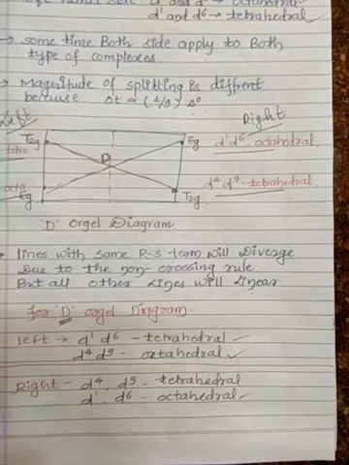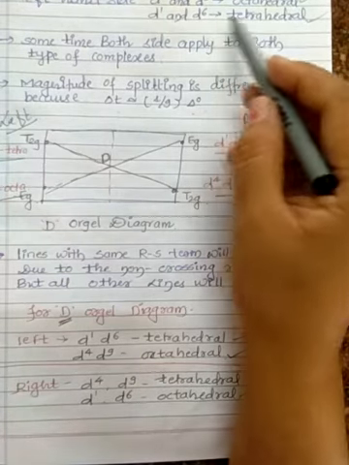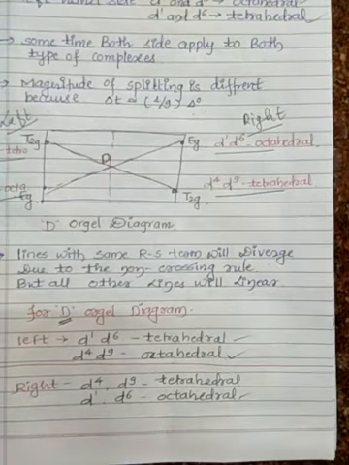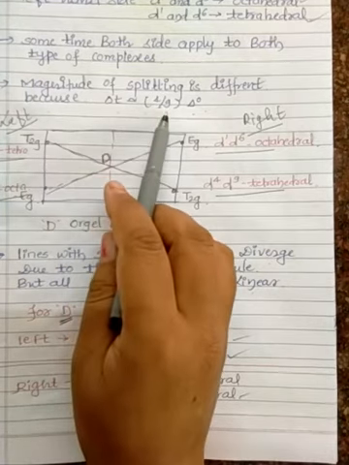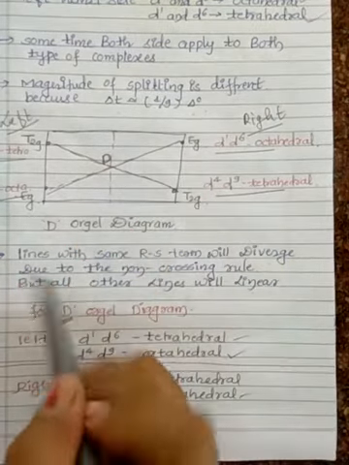Next, left hand side D4, D9 octahedral and D1, D6 tetrahedral. Sometimes both sides can be applied, for both types of complexes, and the magnitude of splitting is different because delta T is more or less equal to 4 upon 9 delta naught. This is about the D Orgel diagram.